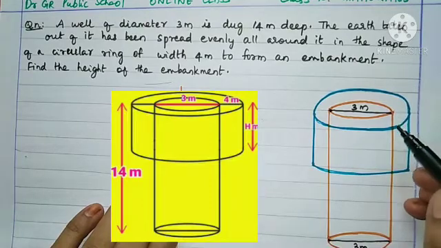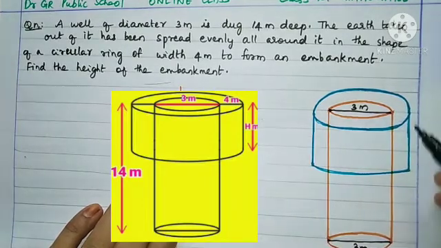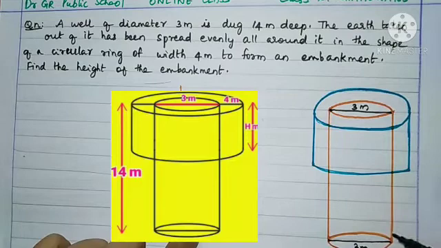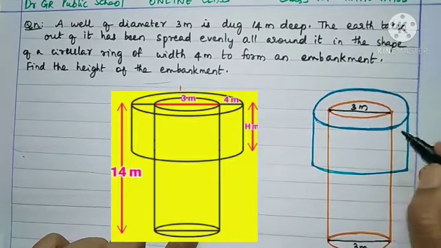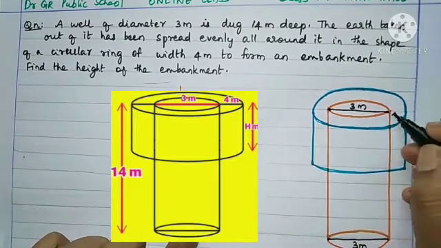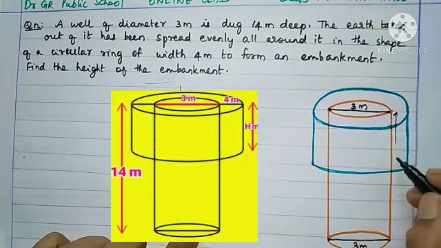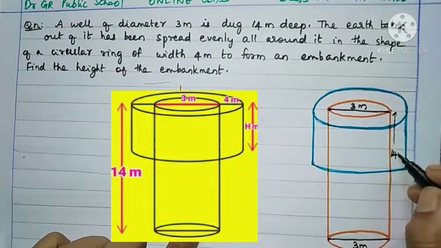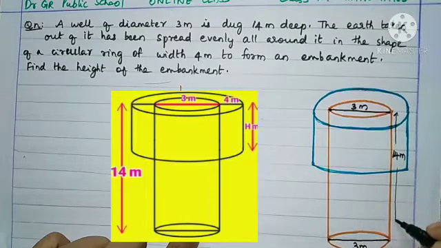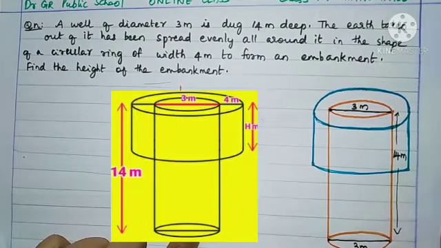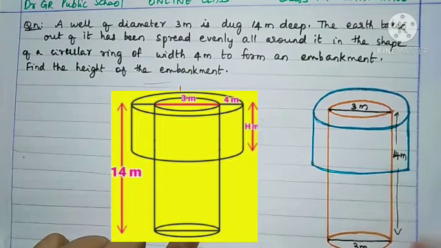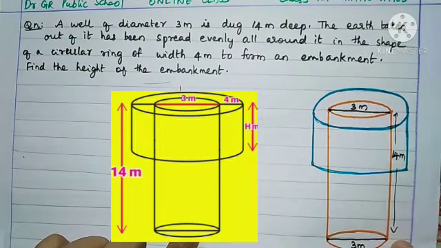What do you mean by deep? The depth of the well. So the depth of the well here shows the height, and it is equal to 14 meters. Understand? So a well is constructed with diameter 3 meters and depth 14 meters.